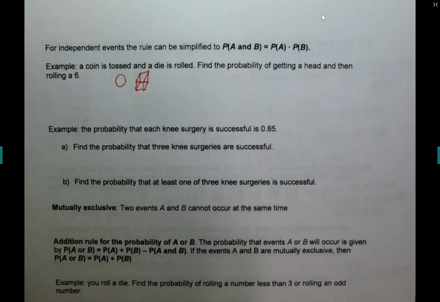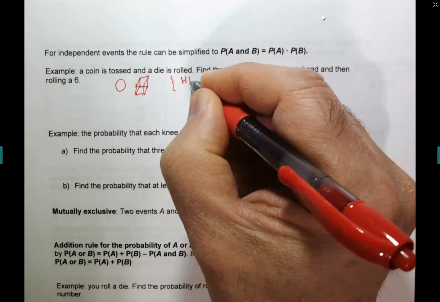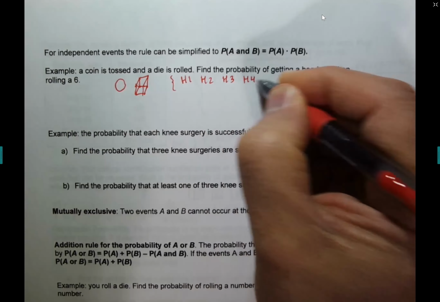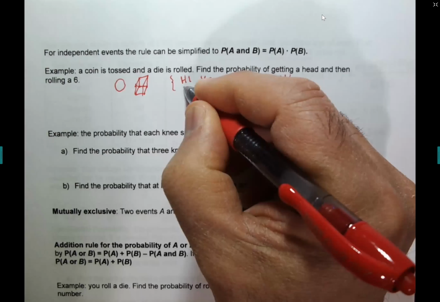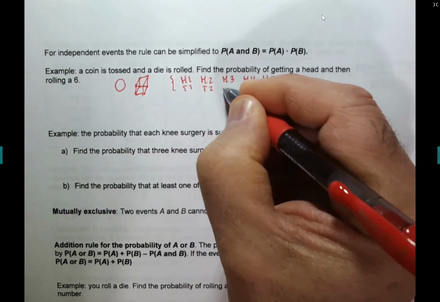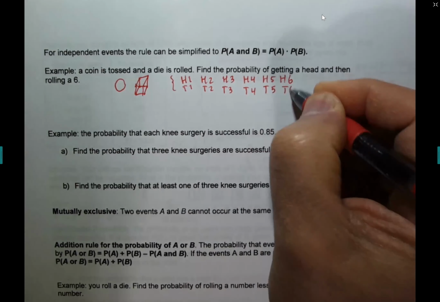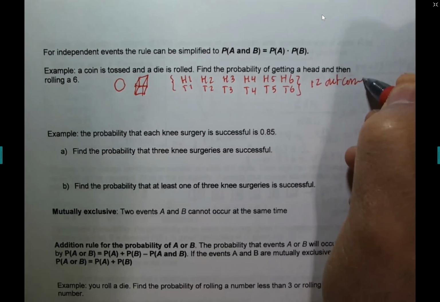So you roll a die and you toss a coin. What are the possible outcomes? And I think I remember last time, guys, you gave me head with 1, head with 2, head with 3, head with 4, head with 5, head with 6. And then tail with 1, tail with 2, tail with 3, tail with 4, tail with 5, tail with 6. And we counted 12 outcomes if you go back and review what we did last time.